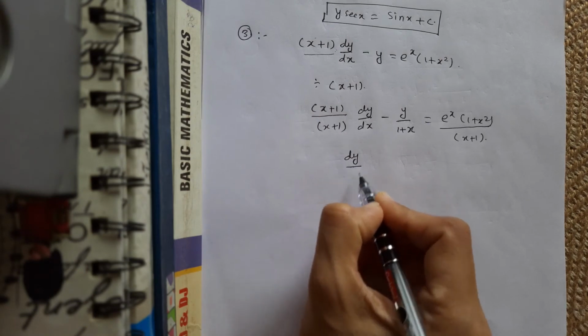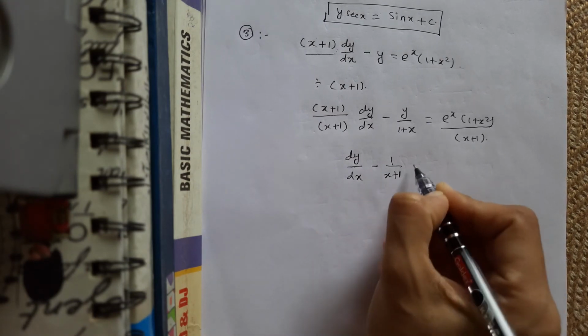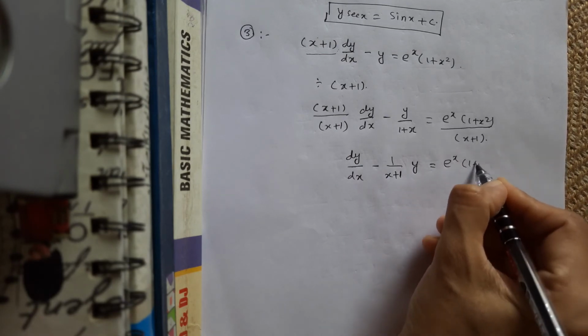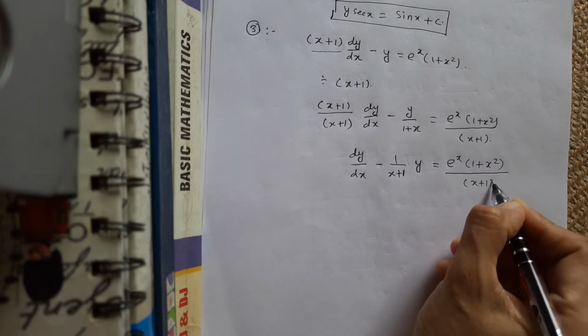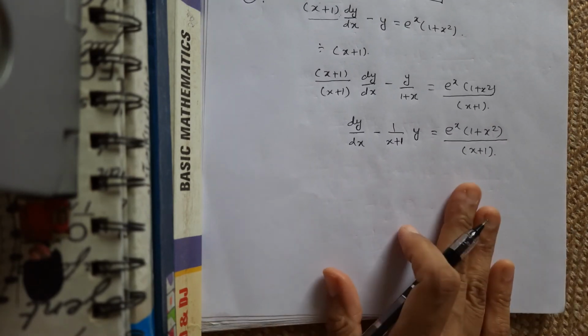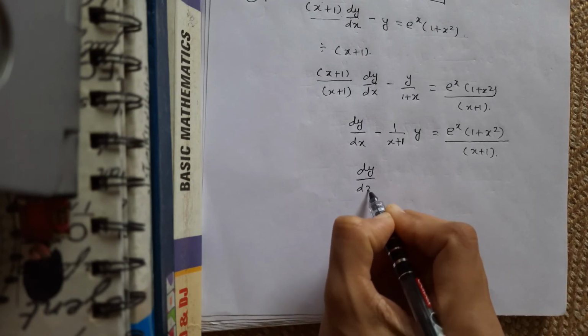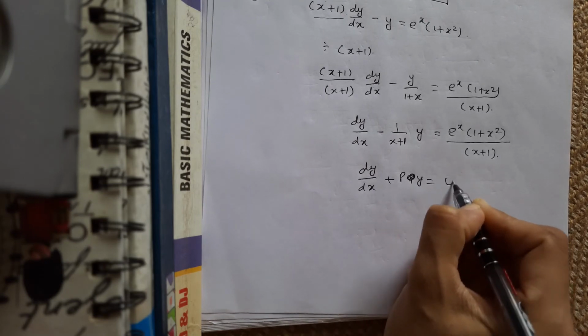I have dy by dx minus 1 upon x plus 1 into y equals e to the power x into (1 plus x) square upon x plus 1. Okay, now it is in the standard form, and let's compare the equation with the standard form.